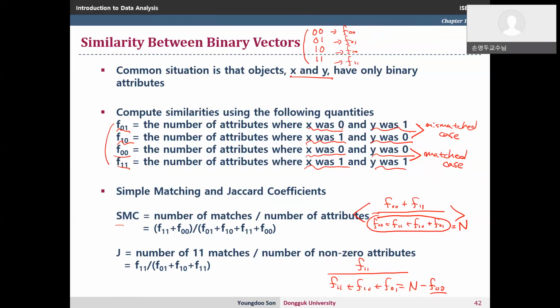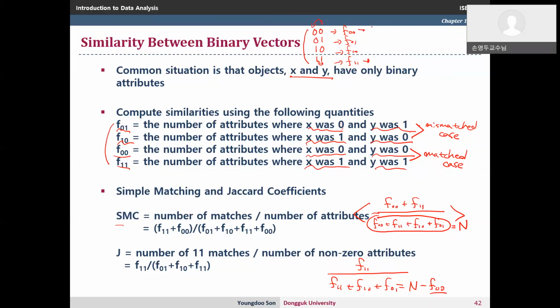The number of matches here means the sum of F00 and F11, these are the cases of matching. So two attribute values are the same, so we call this case matched. However, the cases for 0, 1 and 1, 0, we call mismatched.